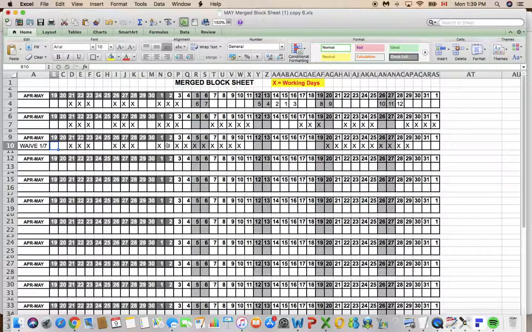If you notice, you can't work more than 6 in a row without waiving the 1 and 7 blocking rule. And once you waive the 1 and 7, and if you are working 10 in a row, you have to have 4 days off after it and before it. So this isn't going to work. So right here, you've got a Form 14 issue.